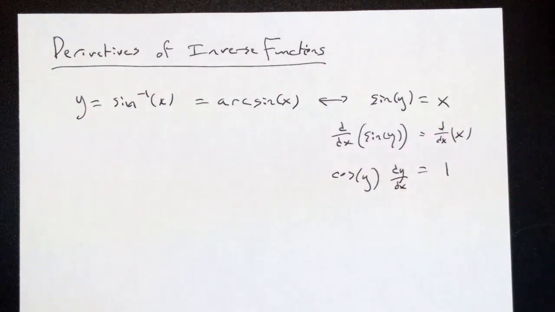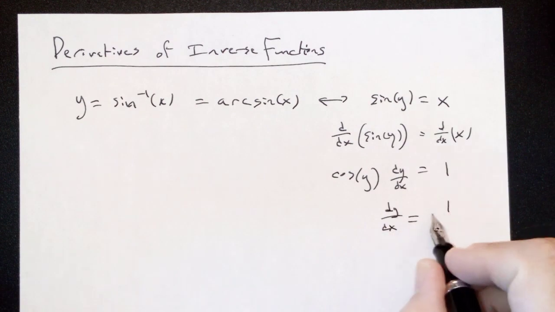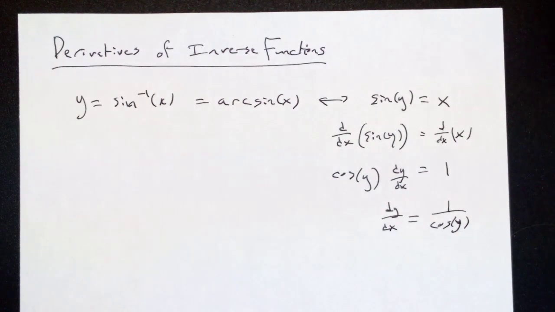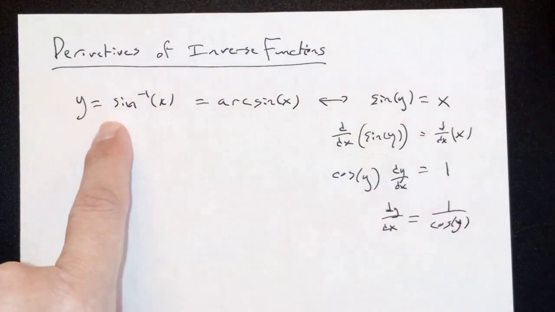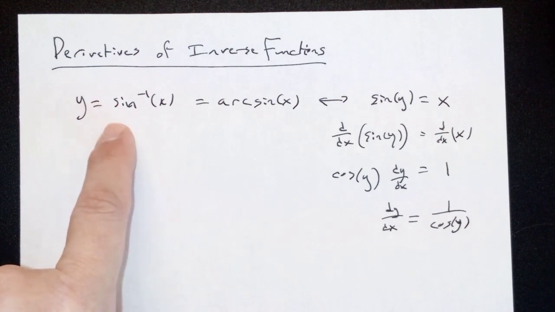There's the chain rule. So if I want to get dy dx, I just solve for that. But this equation here is equivalent to this one. And so that means over here, I found dy dx. It's this.